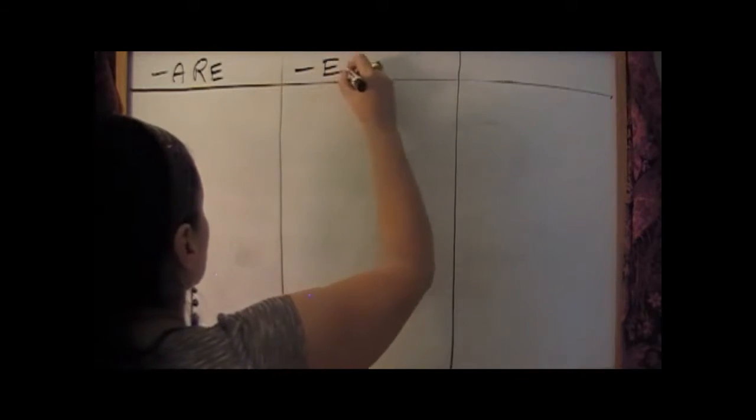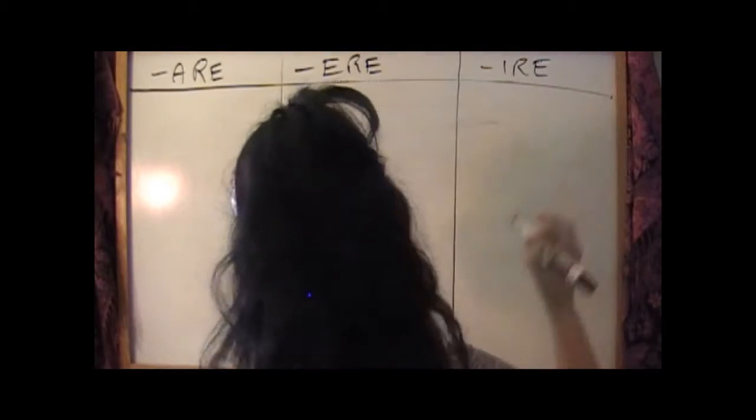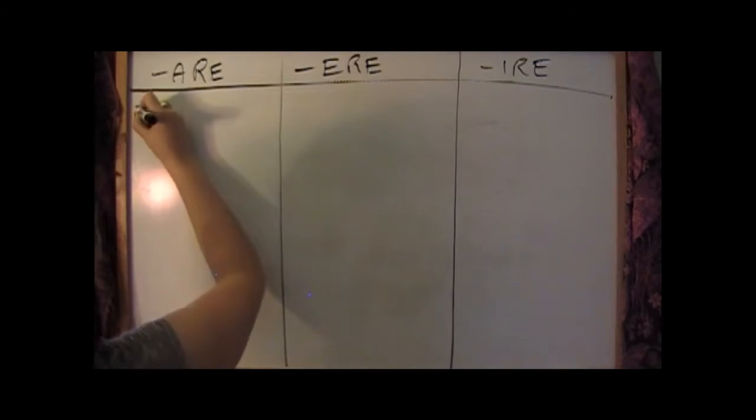So make your own notes. Of course, I cannot see you, so you do what you want, but my advice is to take notes, the best way to learn. So, -are, -ere, and -ire.